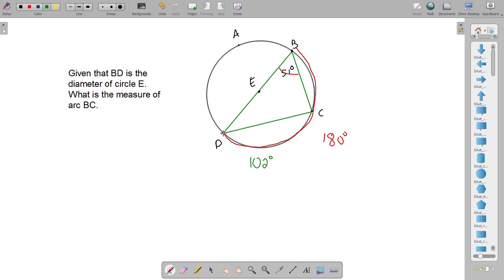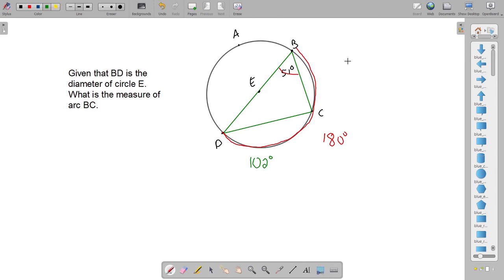So now we know from D to C is 102 degrees, and since this is the diameter, we know that this whole arc is 180 degrees. So if we go from D to C, where we have 102 degrees, and the whole thing makes up 180 degrees, what's left over from B to C, arc BC, is what we're trying to find, and that would give us our answer.